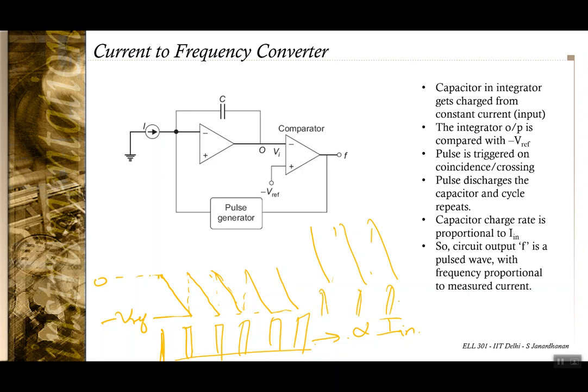So you have this frequency of the pulse signal, the pulse train, being proportional to the input current. So if you measure the frequency by measuring the number of pulses in a particular time, then we have an indirect indication of the input current.